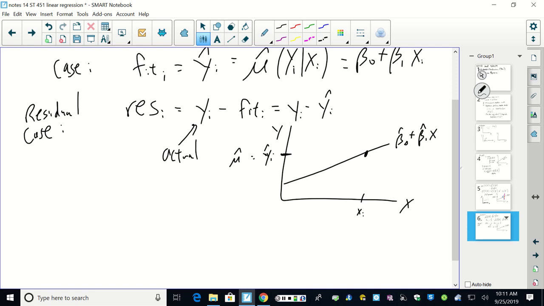Our actual data point, though, is going to be someplace. And that distance here is the residual, which is often ei. ei should mean error. Let's call it residual. Right? So we get that distance.